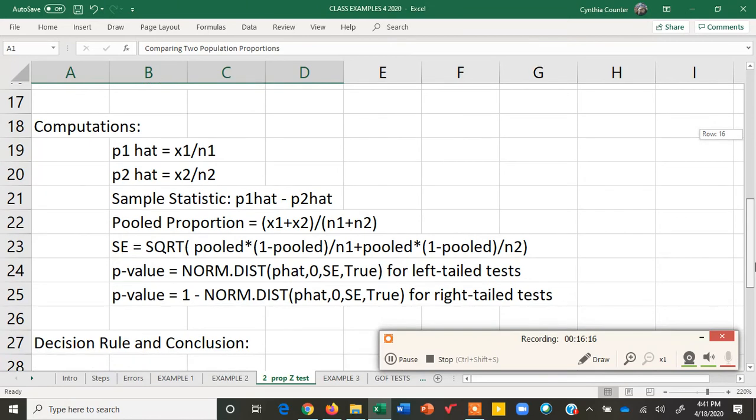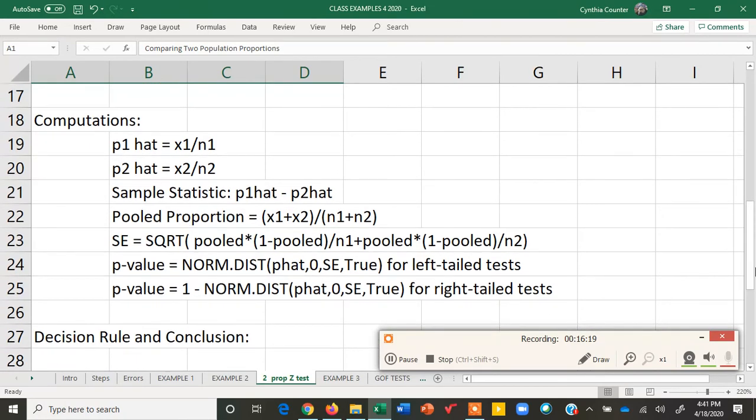We're going to have to make a new computation that includes all the information from both samples to compute our new standard error. Instead of using p1 hat and p2 hat right in the standard error formula, we use something called the pooled proportion inside the formula.